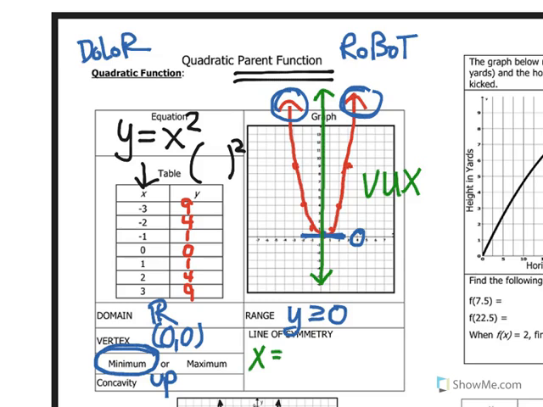Well, what does x equal in this graph all the way up and down? X equals 0. And in this case, where x equals 0 also happens to be the y-axis. So on the parent function, the y-axis is the line of symmetry. Now, I want you to note that the line of symmetry always goes through the vertex.